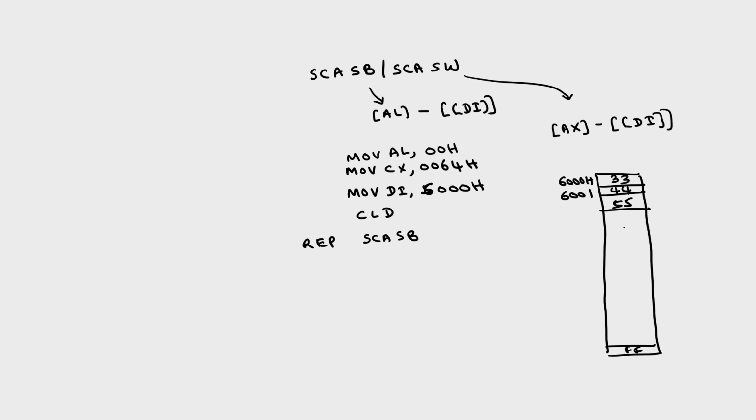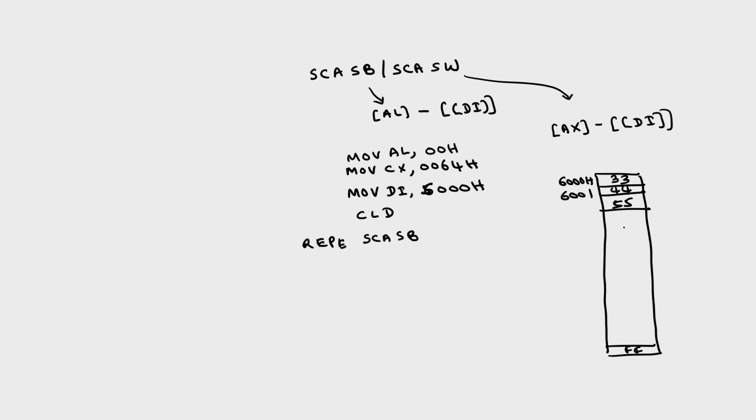So if I write repeat equal, then if none of this data is 00, it will perform 64H comparisons, that is 100 comparisons in decimal. Otherwise, if at any point a 00 is found, because both are the same, then it will quit this comparison operation.